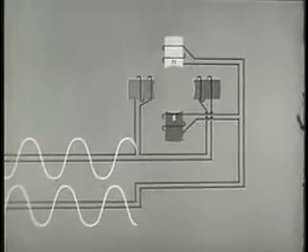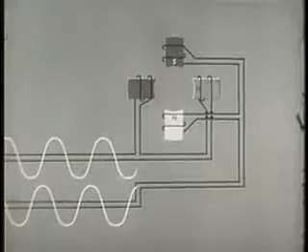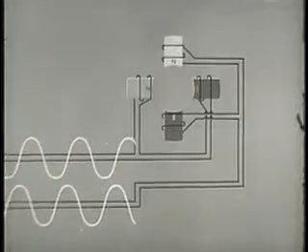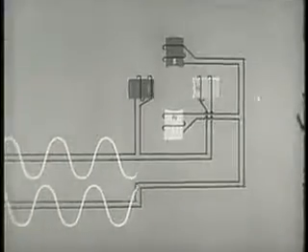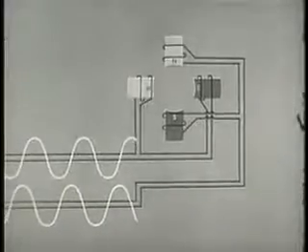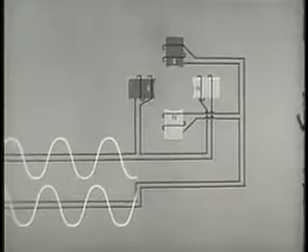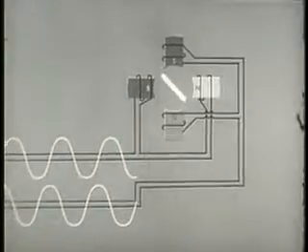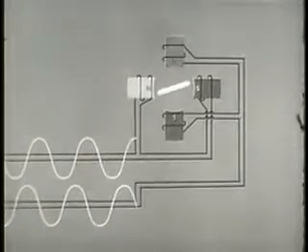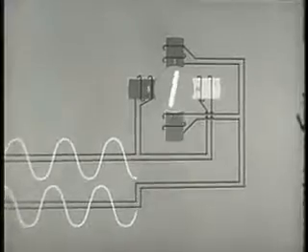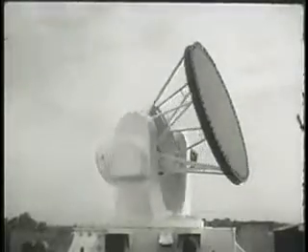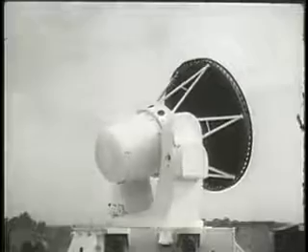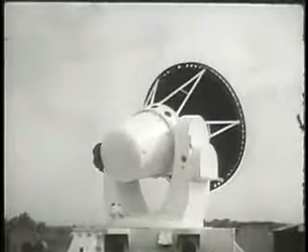As in all induction motors, electrical rotation of the magnetic field is a primary objective. Again, the rotor turns in the same direction as the magnetic field, but at a slightly slower speed. The two-phase motor in this installation is called on to change its direction rapidly.